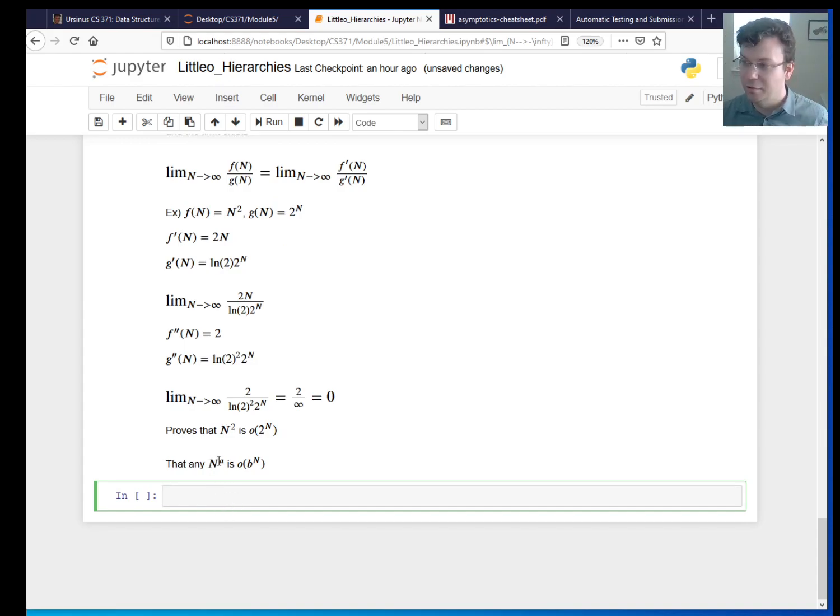So here I showed that n squared is little o of 2 to the n, but it's also true that n to the 1/1,000,000th is going to be dominated by 2 to the n, which is interesting.